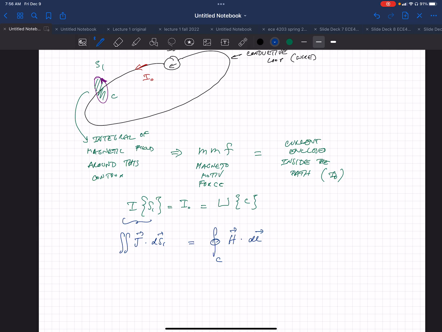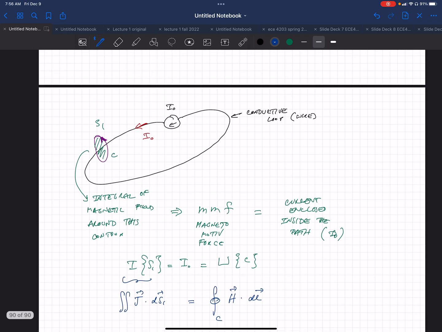Now, let's say nothing prevents us from taking another surface. The surface S1 is defined, the edge around S1 is defined by this contour.